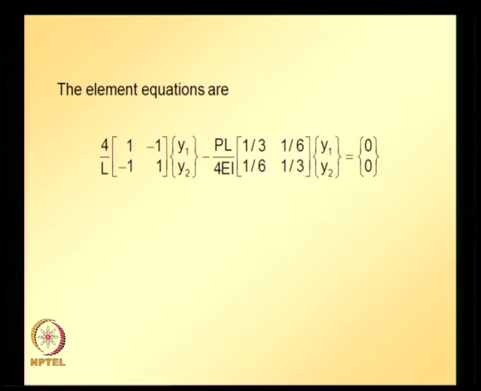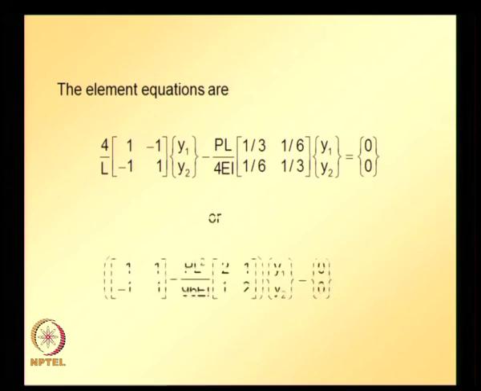We get these element equations for one element, and all elements are identical, and we can rearrange this element equation in this manner for convenience. So this is for one element.